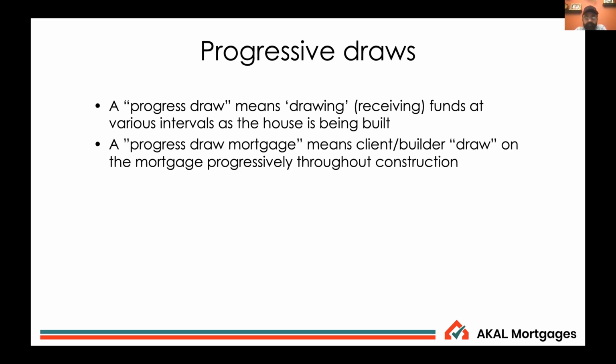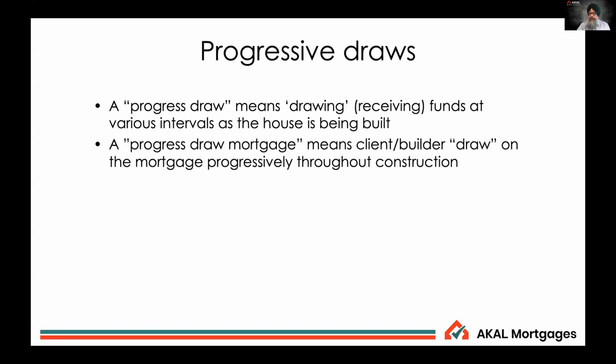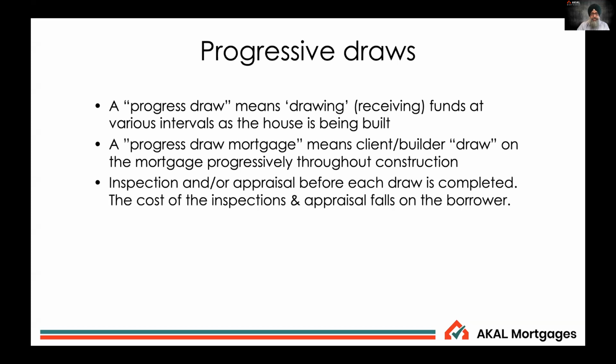Okay, so talking about progressive draws, a progressive draw means drawing and receiving funds at various intervals as the house is being built, right? And a progressive draw mortgage means the client or builder draws the mortgage progressively throughout construction, right? Inspection and appraisal are done before each draw is completed, and the cost of inspection and appraisal falls on the borrower.